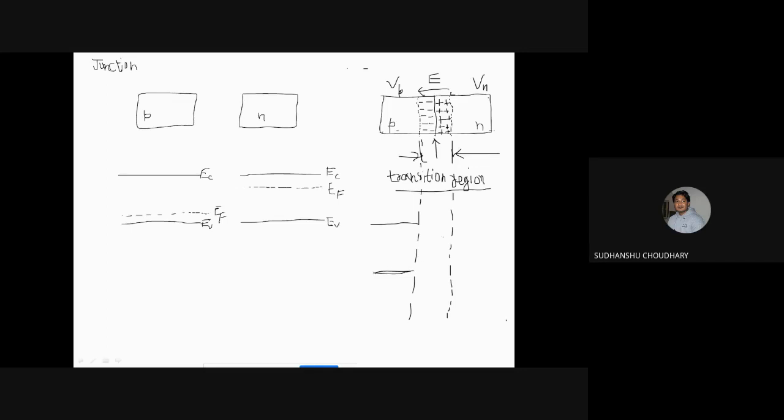Similarly, since the Fermi level has to be aligned, I draw the Fermi level straight. Okay. Then because of this electric field in this direction, the bands will bend. So we had commented that the effect of this positive charge on the energy band diagram is that the energy bands will be pushed down, and the effect of this negative charge is to pull up the energy band.